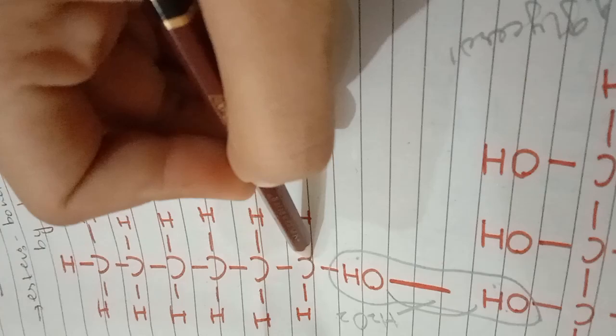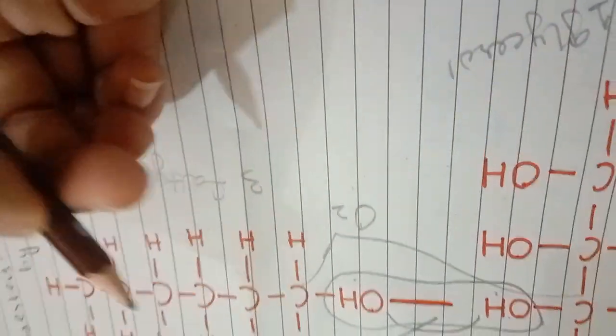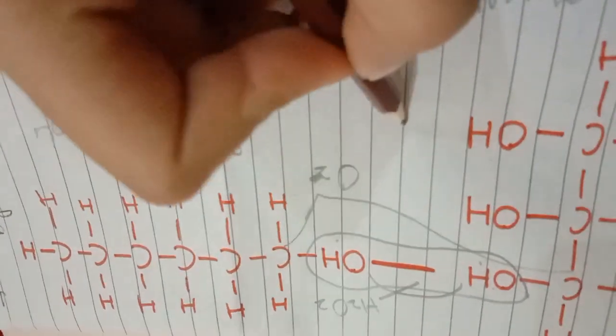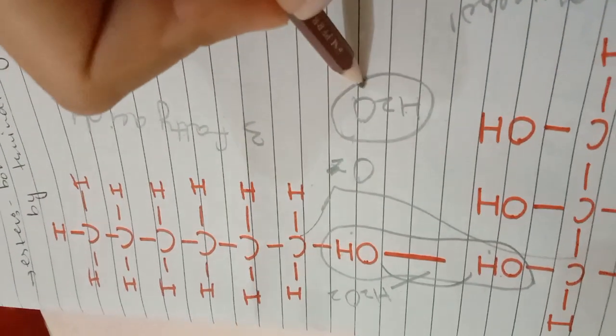But by using these two bonds, we will remove one oxygen, and then it will be a water molecule.